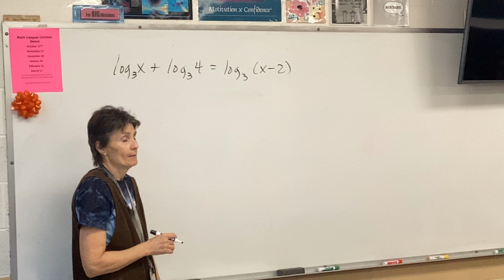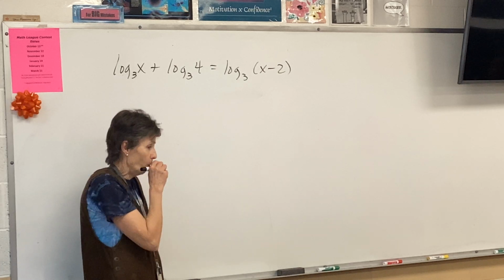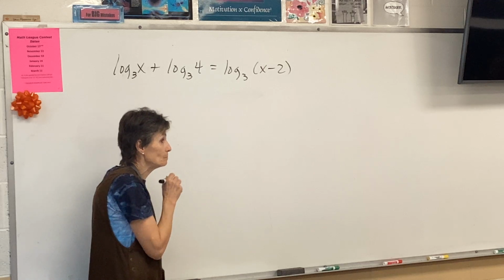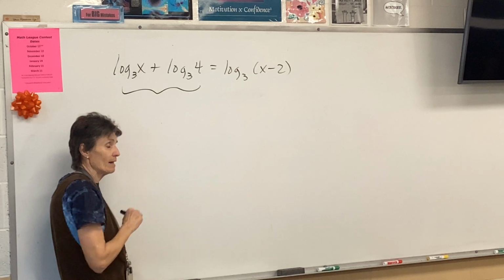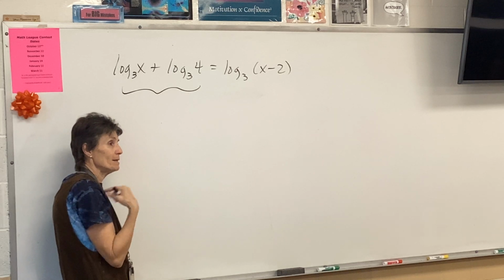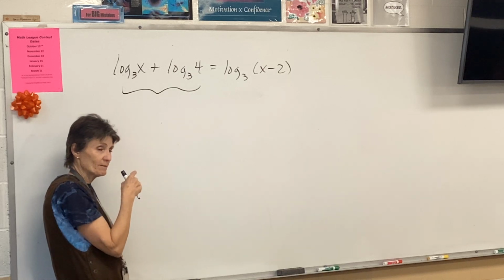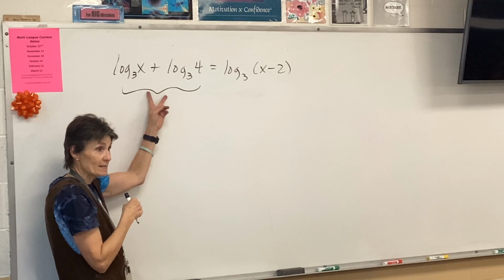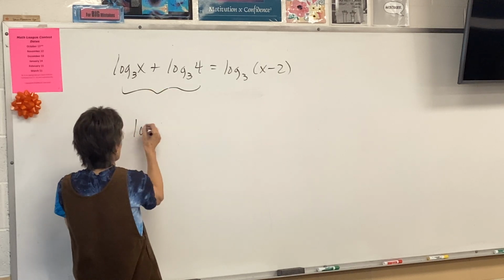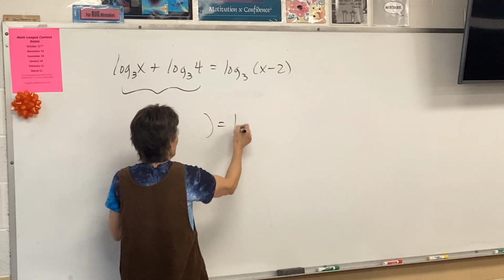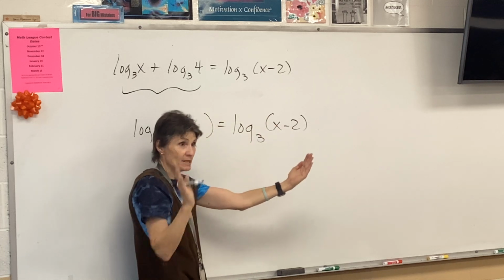Combine those first, all the logs. Guys, I'm gonna say it again. You, me, any math teacher in this hallway, nobody can solve this equation until you put these two together. When I put them together into one logarithm, now this one's okay, I can have one on each side.